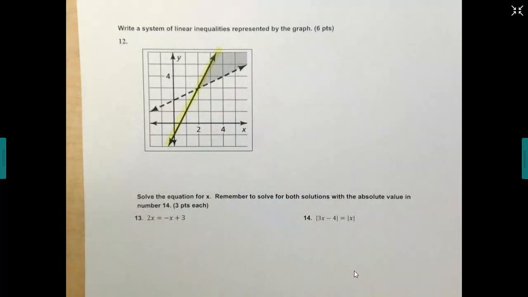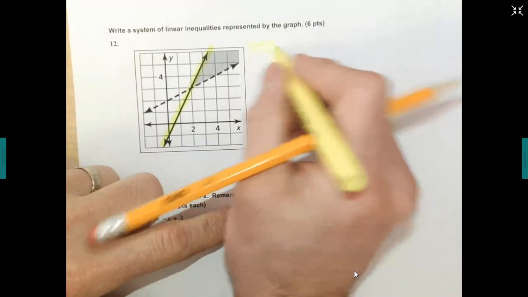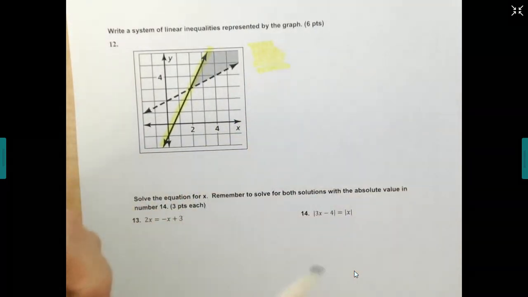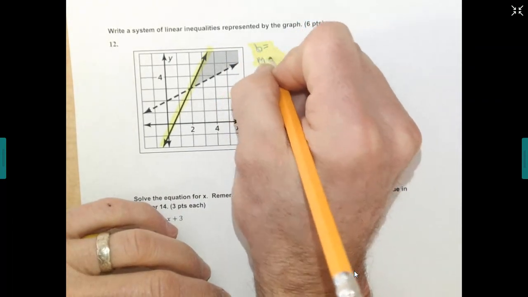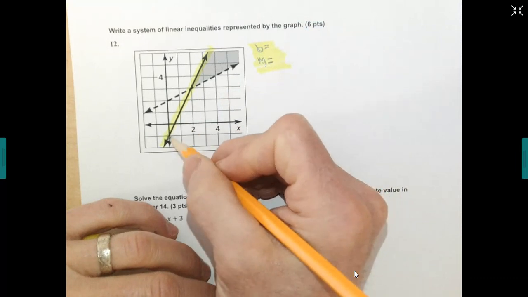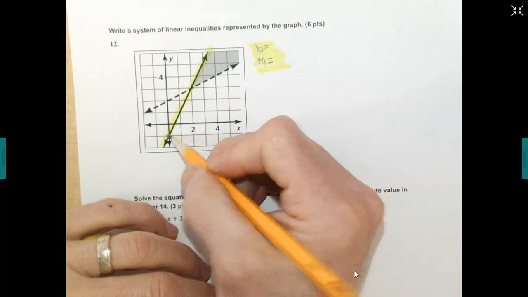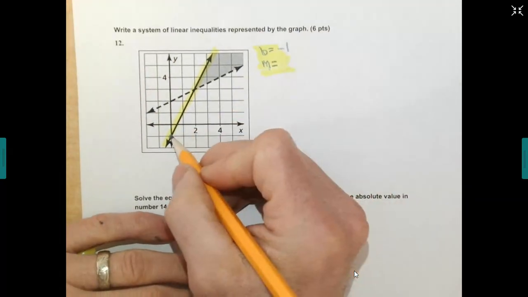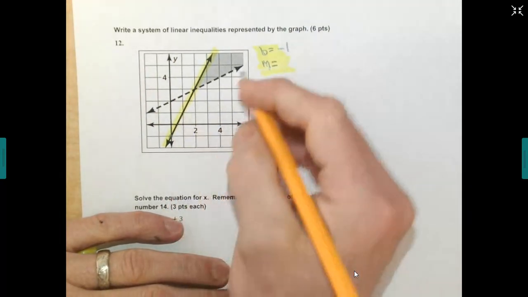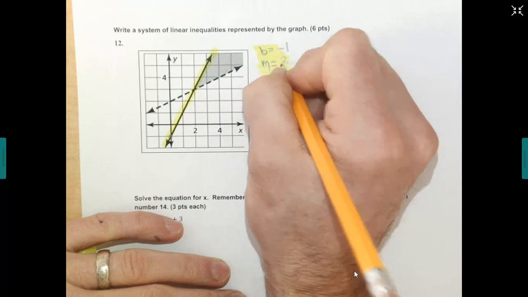So for yellow, let's see, what is our y-intercept and what is our slope? Y-intercept would be -1, and our slope would be up 2 over 1.